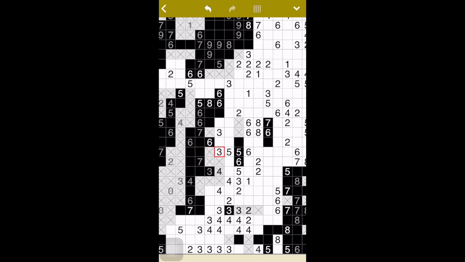Okay, so it becomes that. Same thing. 2 and 6 diagonal numbers, right?